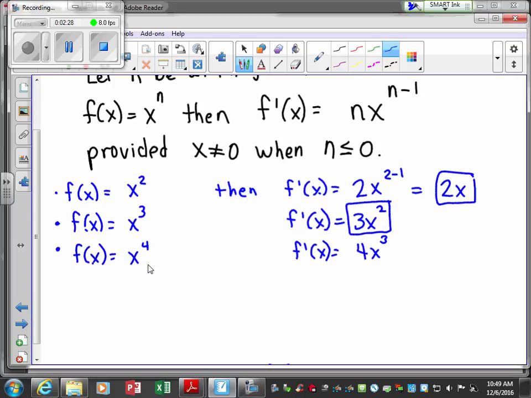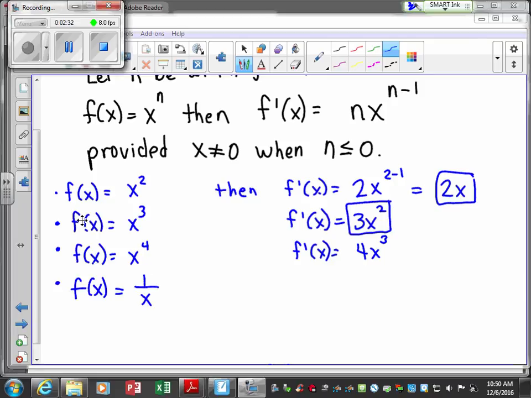Let's see if we have 1 over x. Okay, now what we do here is, first of all, I want to rewrite this because it's not necessarily in this particular format, right? This is fraction format, but how can I rewrite this? x to the negative 1 power, good.